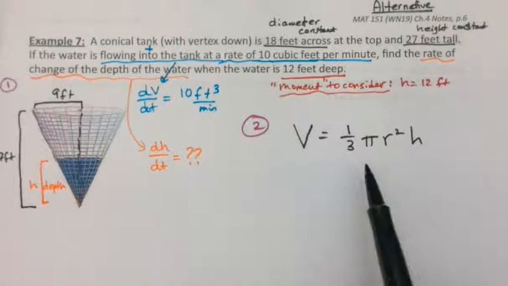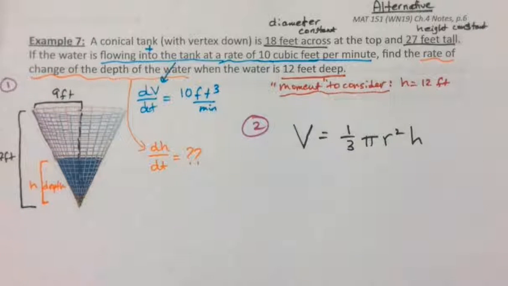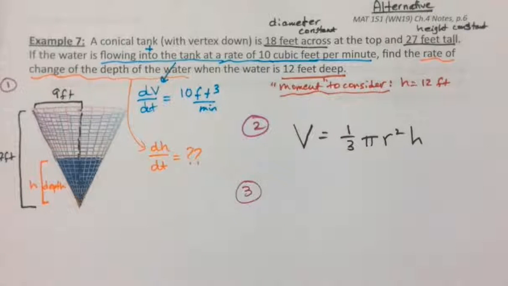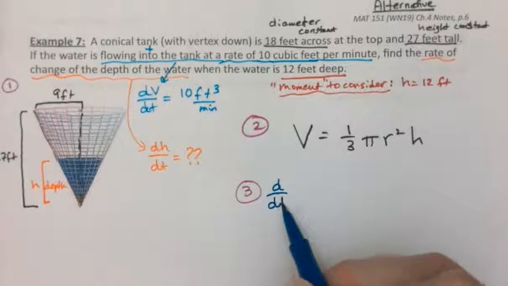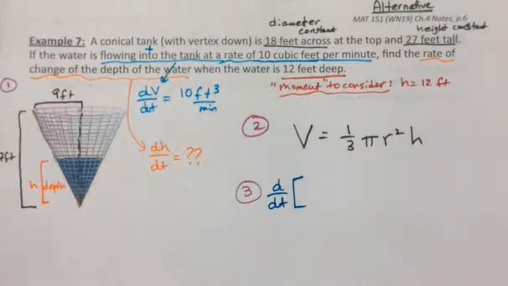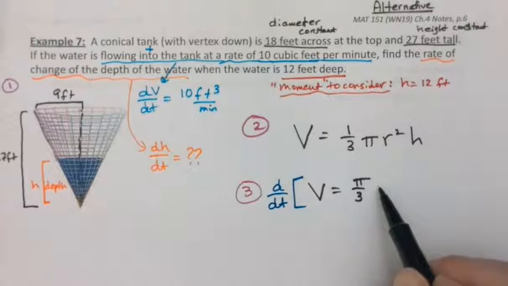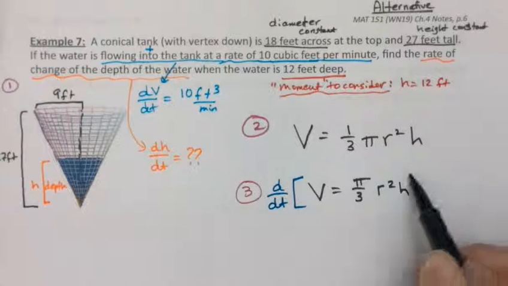So I can take the derivative of this right now. That's step 3. So step 3 is to take the derivative of all of this with respect to t. So let me do that. I'm going to take d over dt of that formula. Volume equals, I'm just going to write it pi over 3 r squared h.